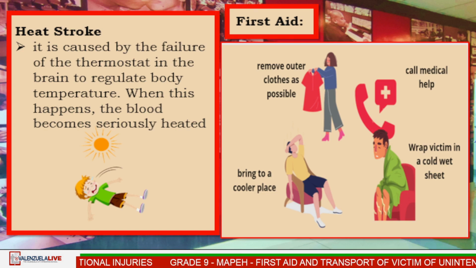Call for medical help. Wrap the person in a cold, wet sheet and keep the sheet wet until his temperature drops to 38 degrees Celsius, or 37.5 degrees Celsius under the tongue or armpit respectively.